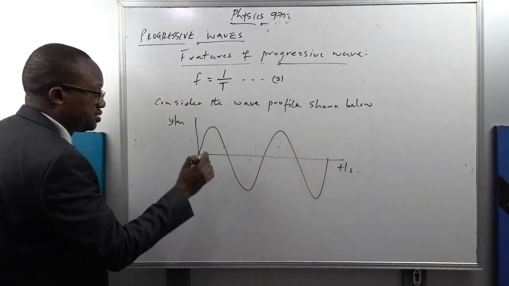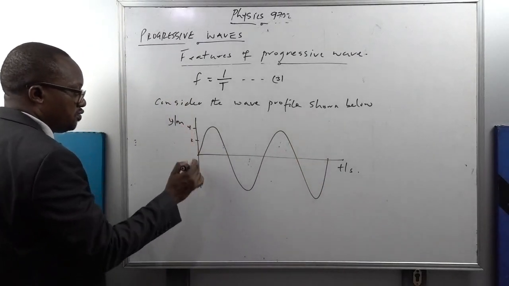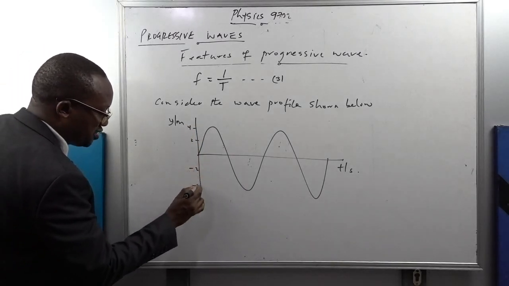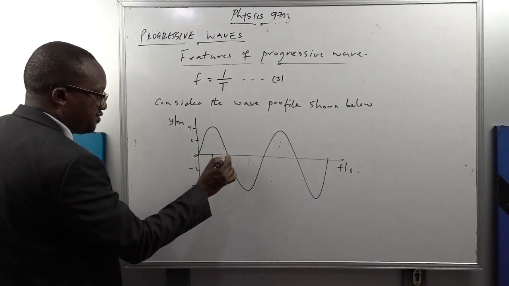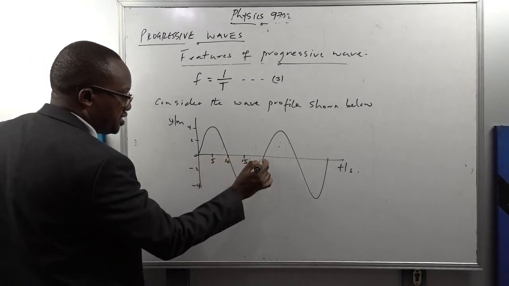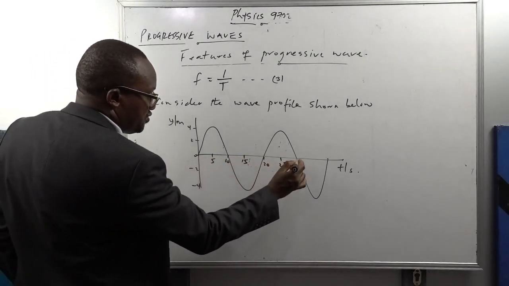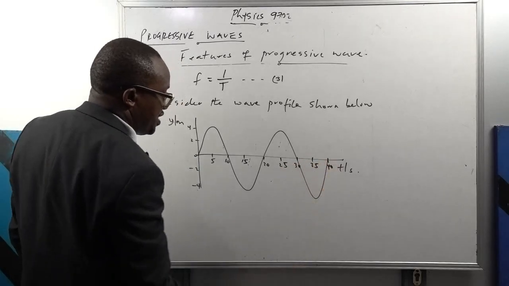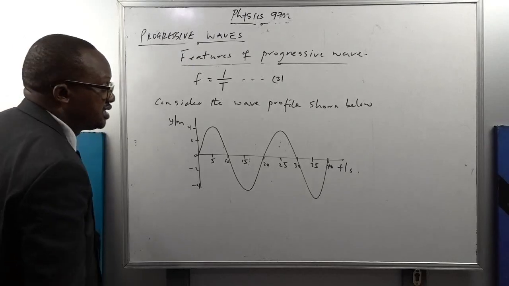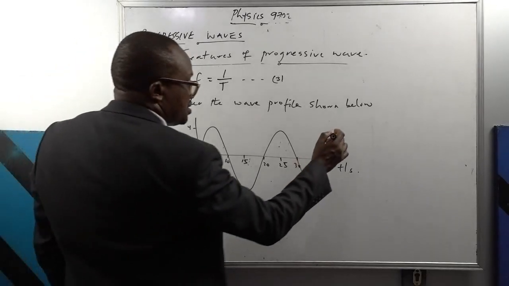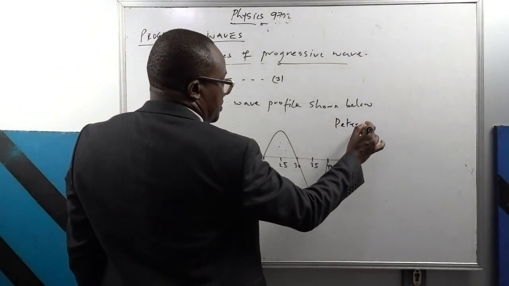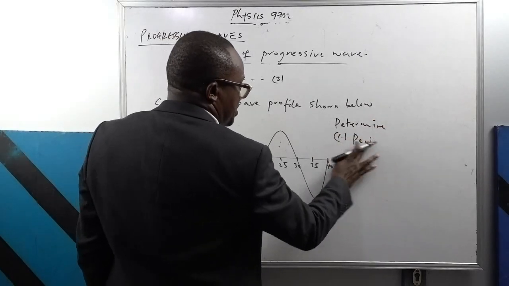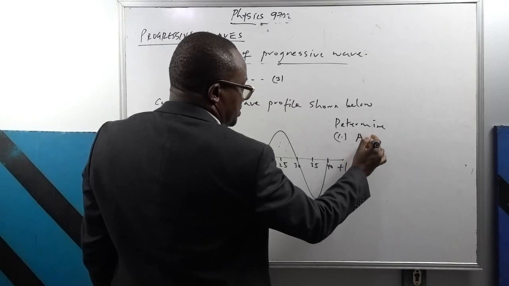And we have this: 2, 4, minus 2, 2, 4, minus 2, minus 4, and time 0, 5, 10, 15, 20, 25, 30, 35, 40. Determine one, the period, and two, the amplitude.